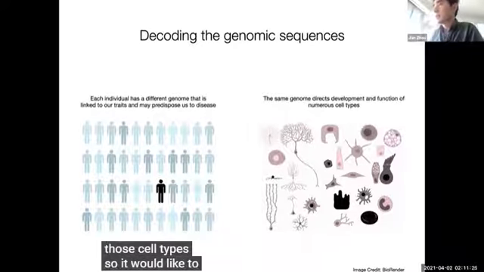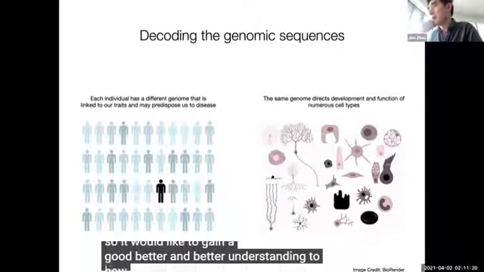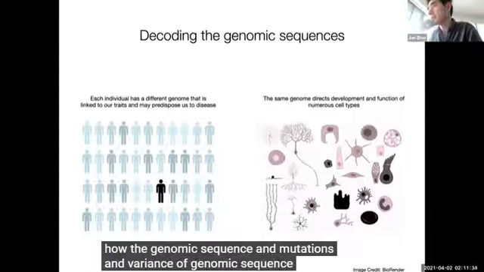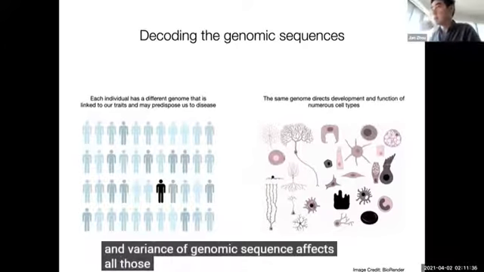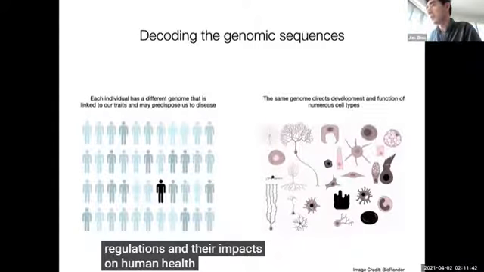So we would like to gain a better understanding of how genomic sequence and its mutations and variants affect all of those cell types with specific regulations and their impact on human health.